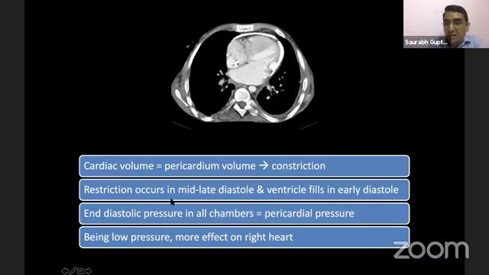This restriction occurs in mid to late diastole, and the ventricle fills in early diastole. So maximum filling occurs during early diastole, and it is further exaggerated compared to a normal person. End diastolic pressures in all chambers are equivalent to pericardial pressure, and being low pressure, the right heart chambers are more affected in this physiology.